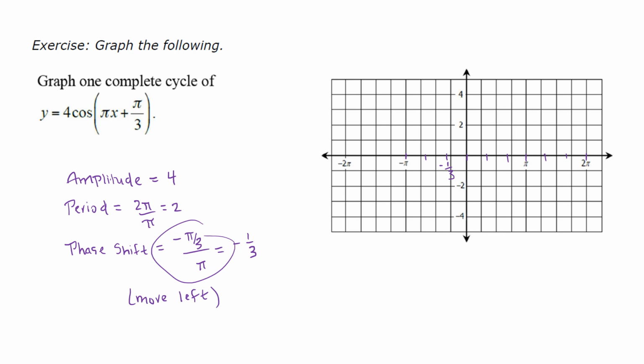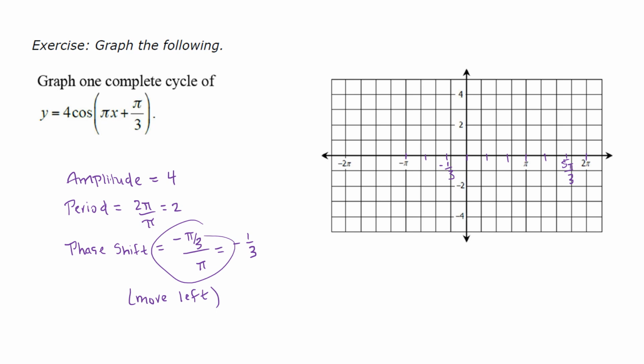But remember, my axis is in pi, but if I were to just write it as whole numbers, that's what it would be. And I want to go a complete 2 pi. So that means I'm going to end at 5 pi over 3 because I shifted by 1/3.